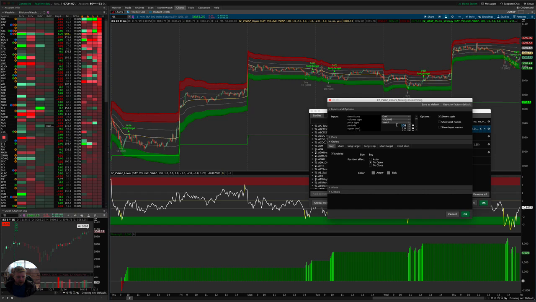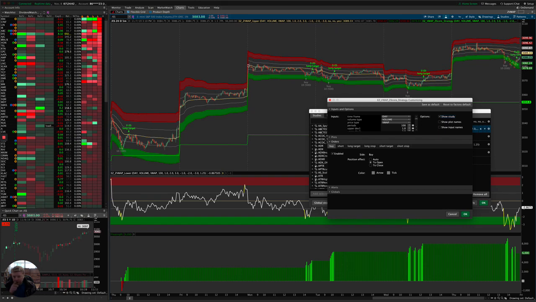Then this is the only setting that will change between the daily reset version and the normal version, which I have open here. The daily reset version doesn't have this period setting. This is essentially smoothing the standard deviations over the past X number of bars. So you can see here the deviation levels are pretty consistently spaced apart in this chart, whereas in a typical VWAP, standard deviation levels are not evenly spaced because they reset at the beginning of the day, and so they're really close together.